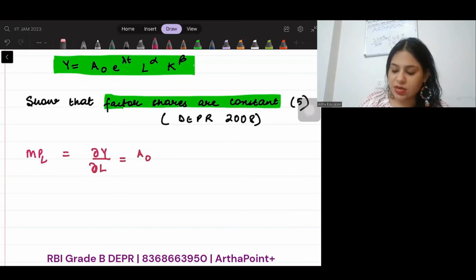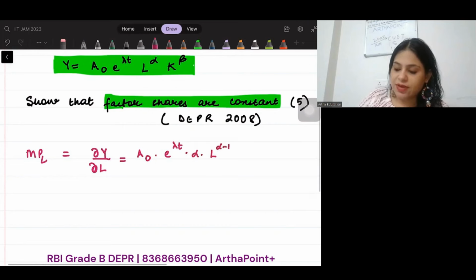This can be written as A naught e to the power lambda t into alpha L to the power alpha minus 1 into K to the power beta. This can be written as A naught into e to the power lambda t into alpha into L to the power alpha by L. This is basic: when bases are the same, powers get added, and L to the power minus 1 can go in the denominator.